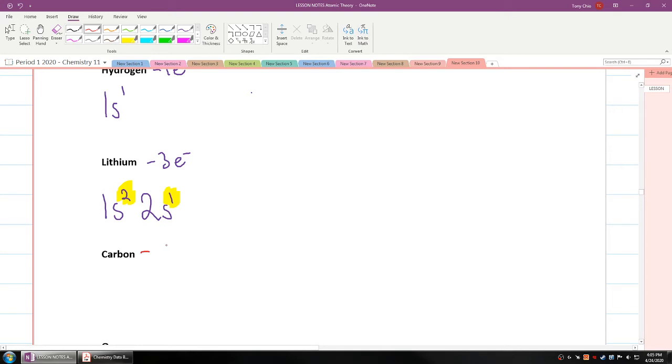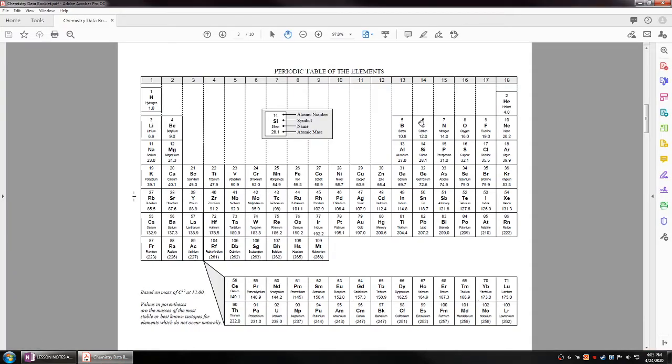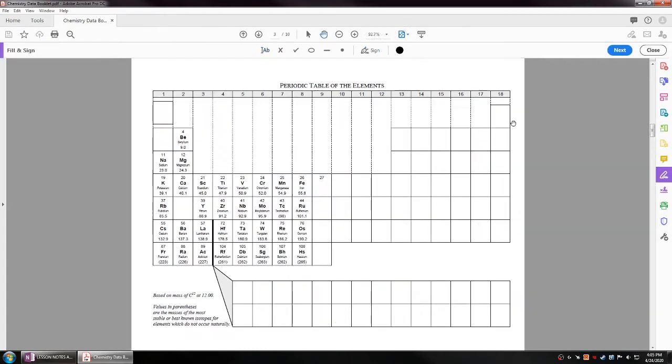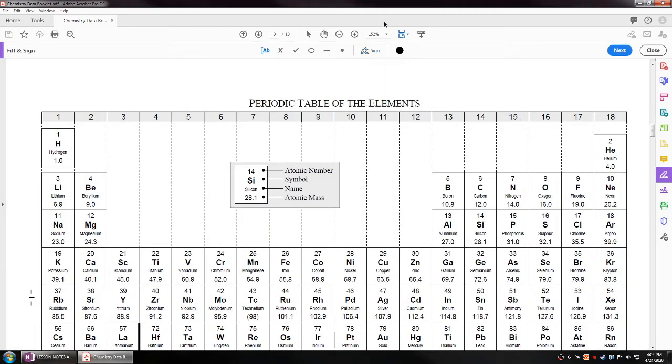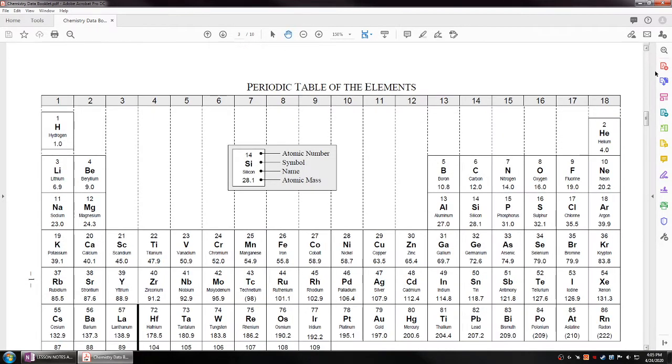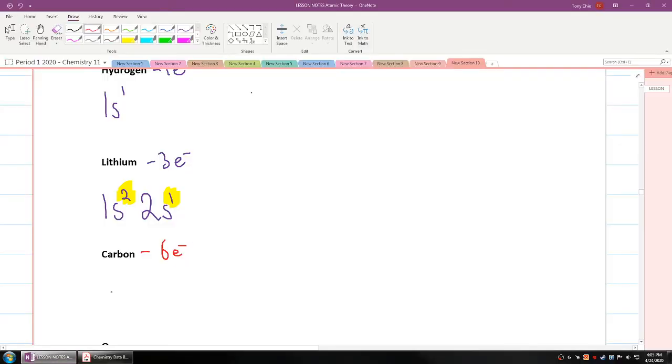Okay, let's look at carbon. Carbon has a total of 6 electrons. Carbon is right here. These are the p electrons, labeled as the 2p's. Because there are 6, 2 electrons still go in the 1s because it's the lowest energy.